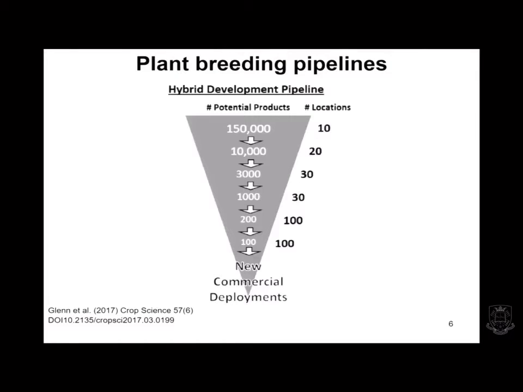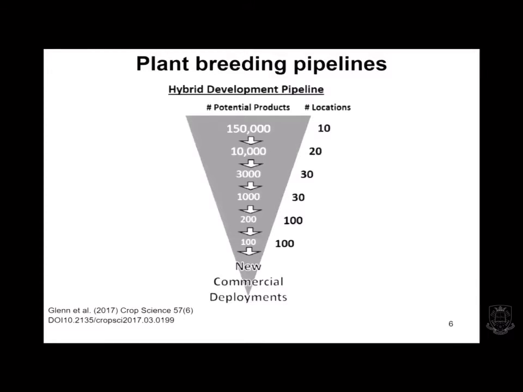And at each step, each subsequent step, you're sampling this population for the traits that you want, selecting those plants, and then collecting the seed, and they then move on to the next step where you'll test obviously fewer individuals but a greater number of different sites.